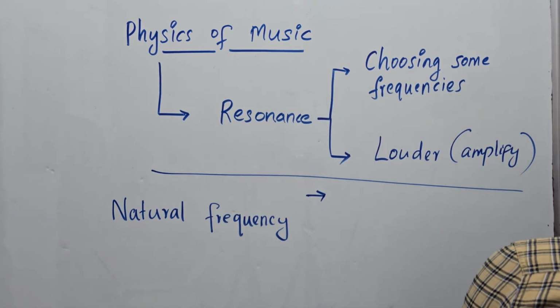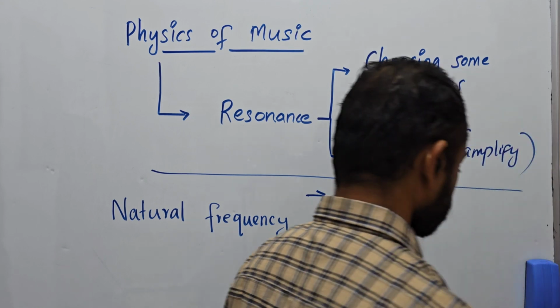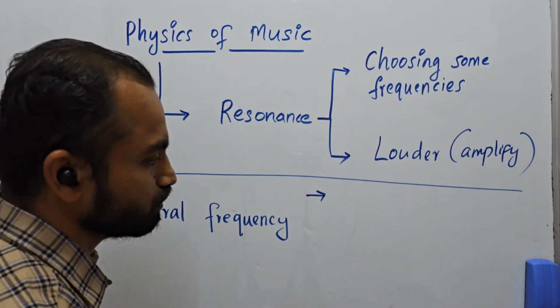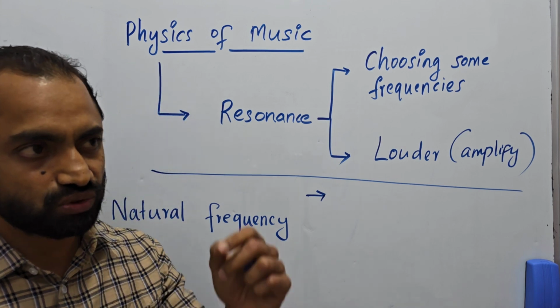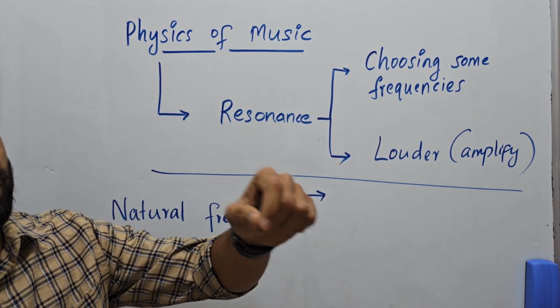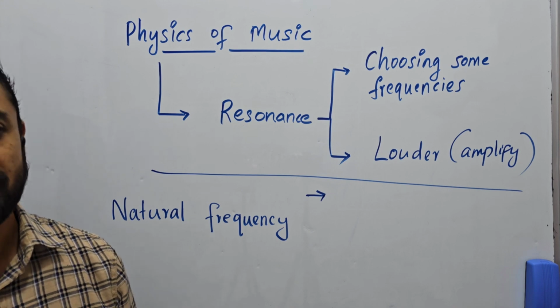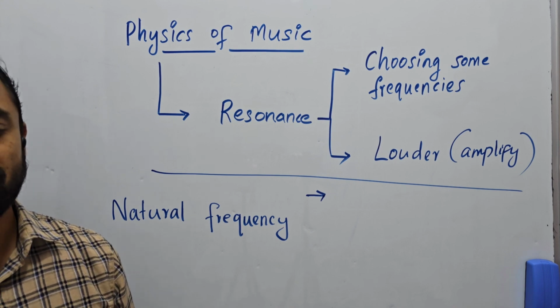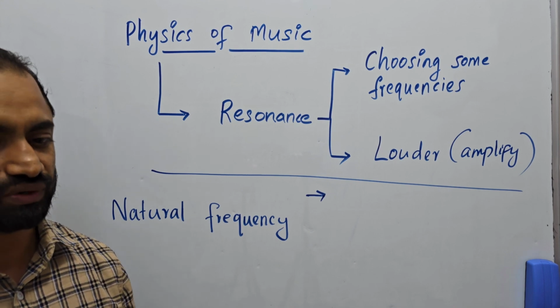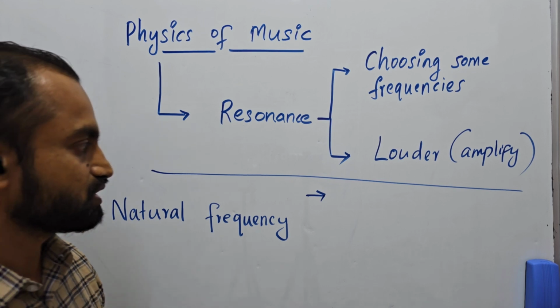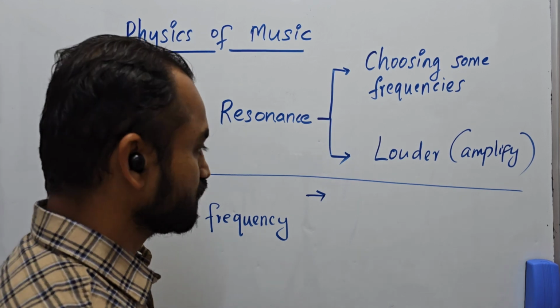Who said that? Every object has its own frequency when it is doing a free oscillation. I can say frequency of a free oscillation. That is called its natural frequency.